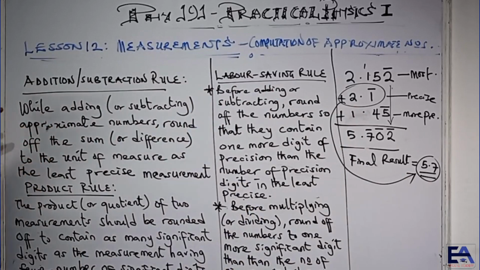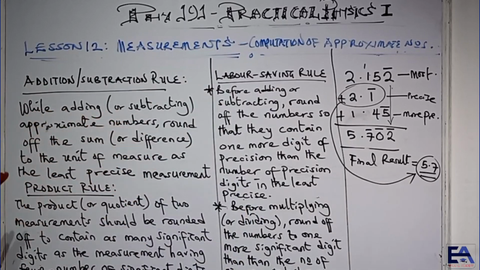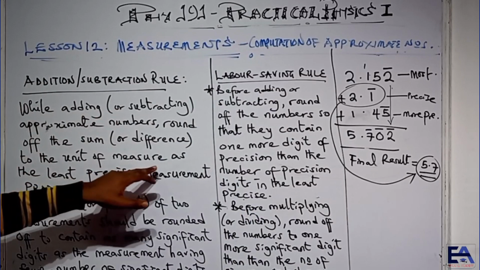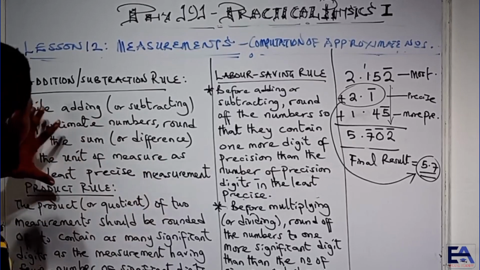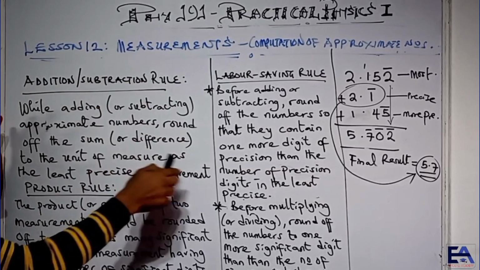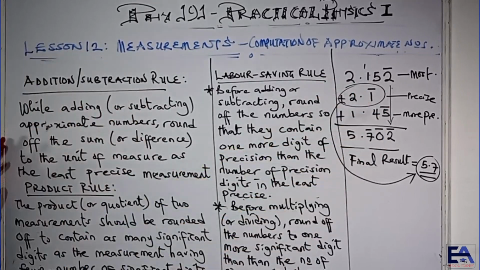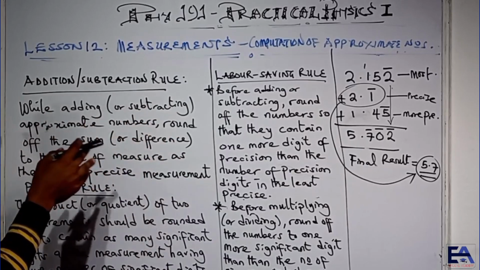This law says that while adding or subtracting approximate numbers, round off the sum or difference to the units of measure of the least precise measurement. So which means that while adding or subtracting all of these approximate numbers, whether it's addition or subtraction, the same law applies, okay?